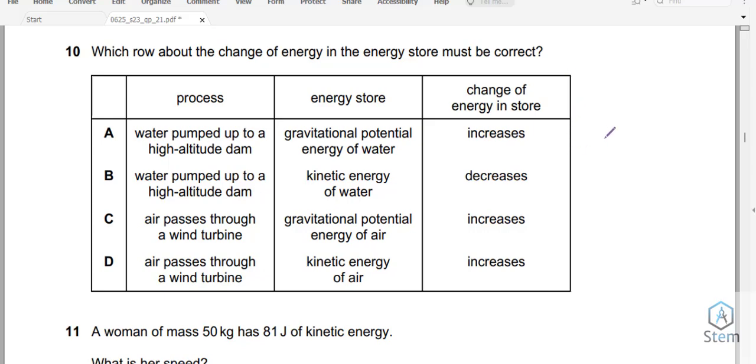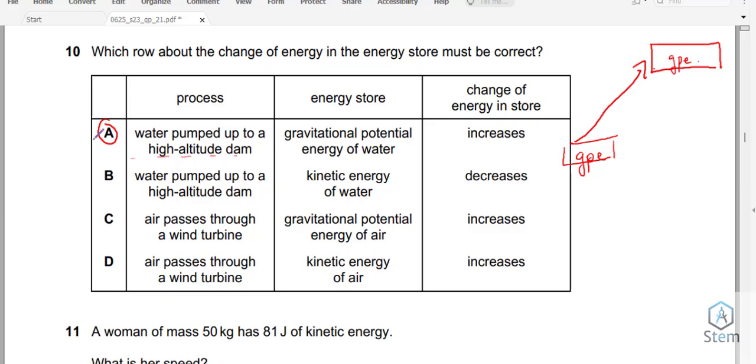When you pump water up to a high altitude, this water didn't have GPE, gravitational potential energy, but the moment it gets up here, it has gained that GPE. That GPE was provided by the pump. So A is correct.